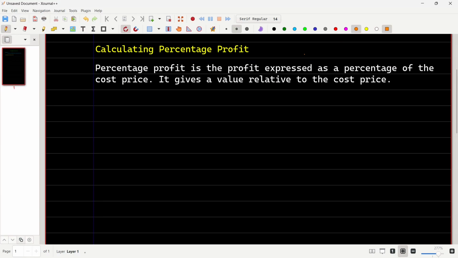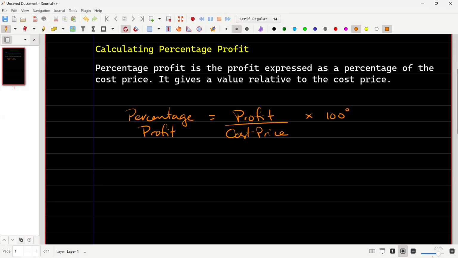Let's do the formula for it. Percentage profit. If you want to do the percentage profit, you're going to need the profit divided by the cost price, times 100%.